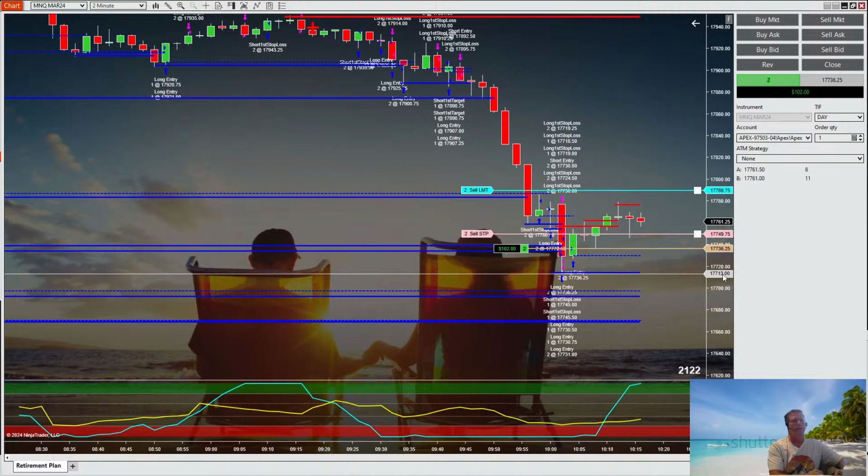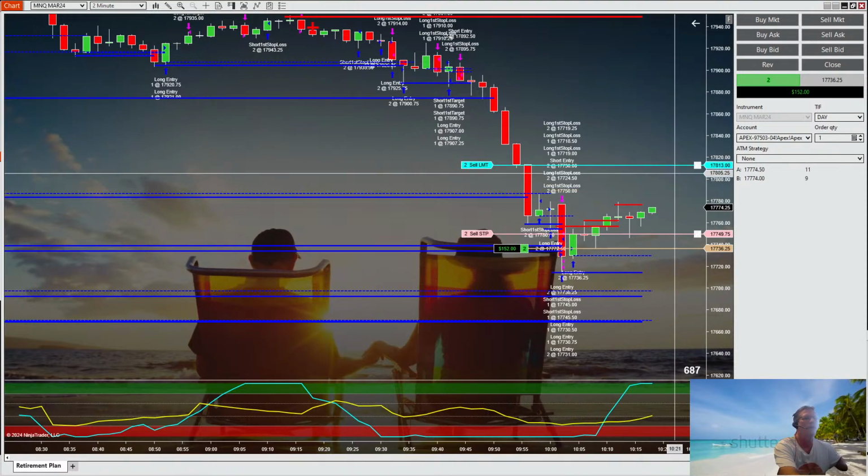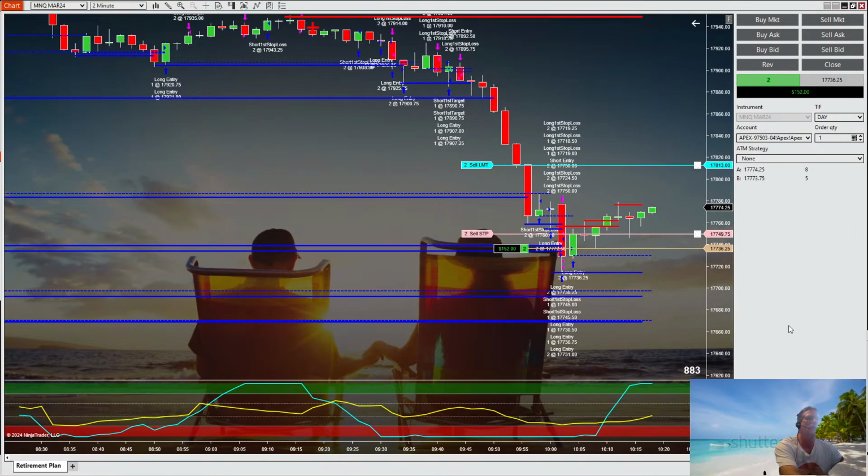Well, volume's picking back up a little bit here. We're about 2,500 contracts a minute. We're kind of in a little area of consolidation here, a little sideways movement. Hopefully we pop out to the upside. Get this thing rolling up. Give this one some room.